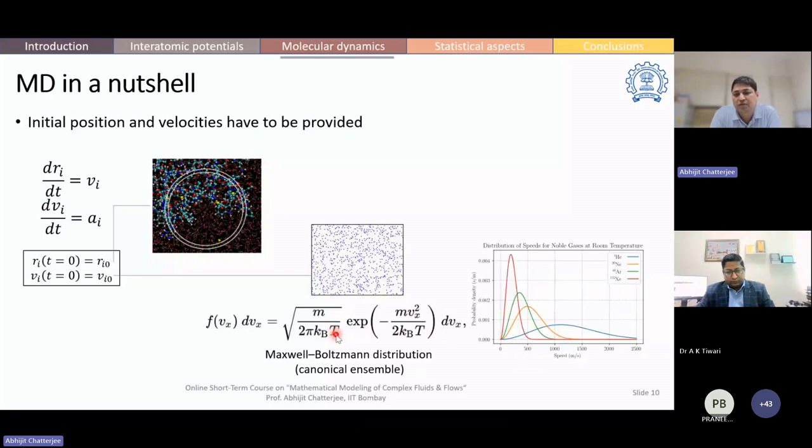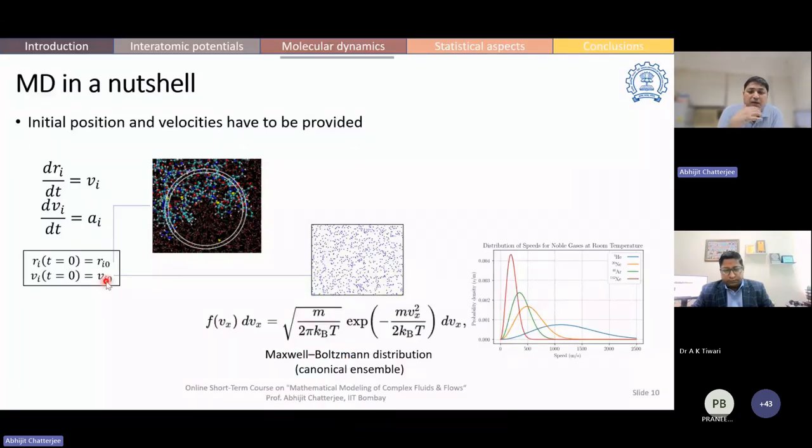And from this known probability distribution, one essentially samples the velocities and assigns for every atom in the system a velocity. And once that is done, hopefully you can back out and check that the distribution indeed conforms to the Maxwell-Boltzmann one, and we basically get the initial velocity.